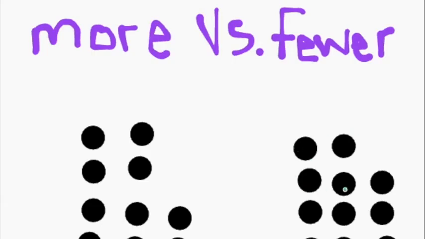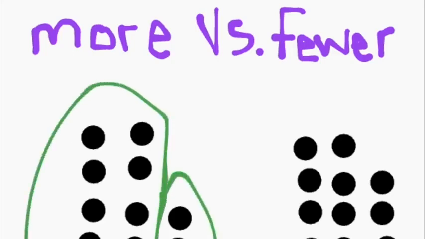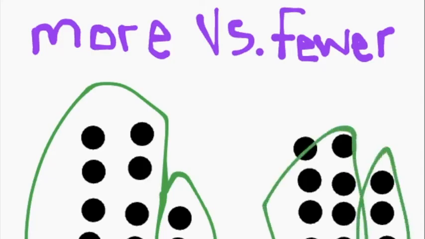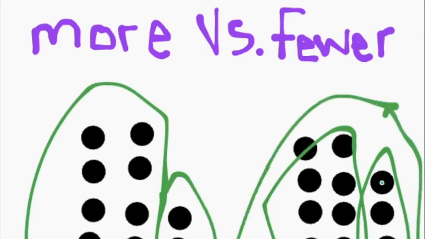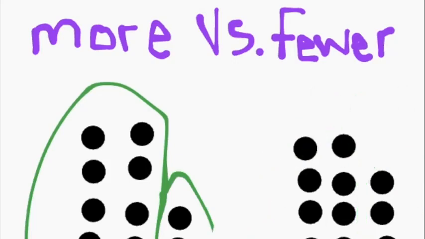And we can go 1, 2, 3, 4, 5, 6, 7, 8, 9, 10, 11, 12, 13, 14 to see how many there are. Or we can split it. We can say, well, here's a group of 3, here's a group of 10, here's a group of 4, here's a group of 10. Oh, I know this one has more because this one has a group of 4 and this one only has a group of 3. Or we can count and we can say this one has more because it has 14 and the other group only has 13.